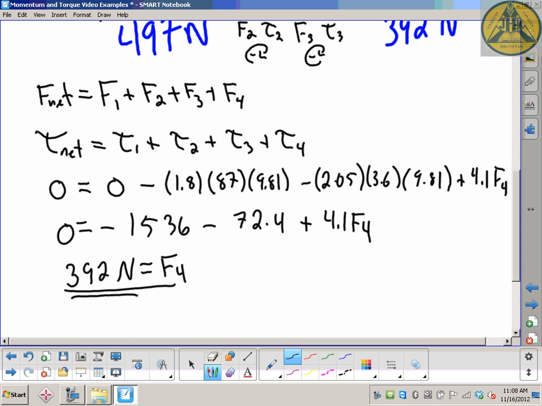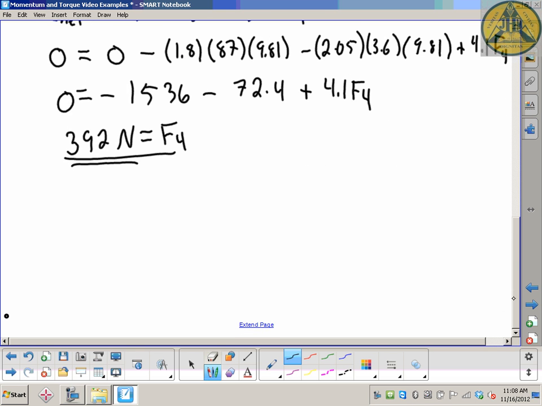We go back to our net force equation to figure out F1. So now that we've figured out F4, the only unknown variable will be F1. Remember F net equals 0, so 0 equals F1 plus force of gravity from the climber will be negative 87 times 9.81. Remember, once you go to a force problem now, you reset your coordinate system to be up positive, down negative, and then don't worry about the rotation stuff.